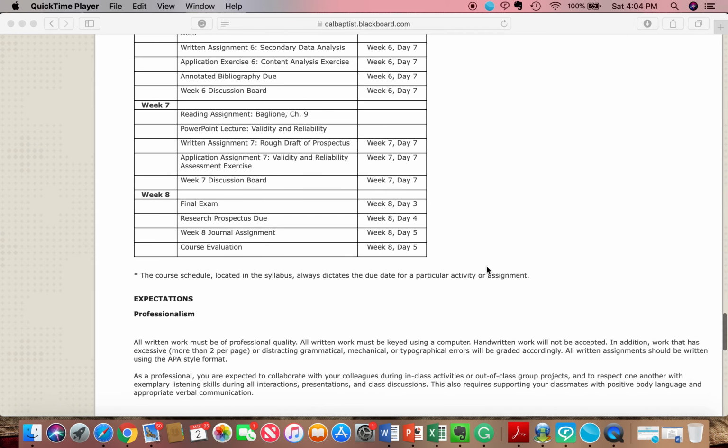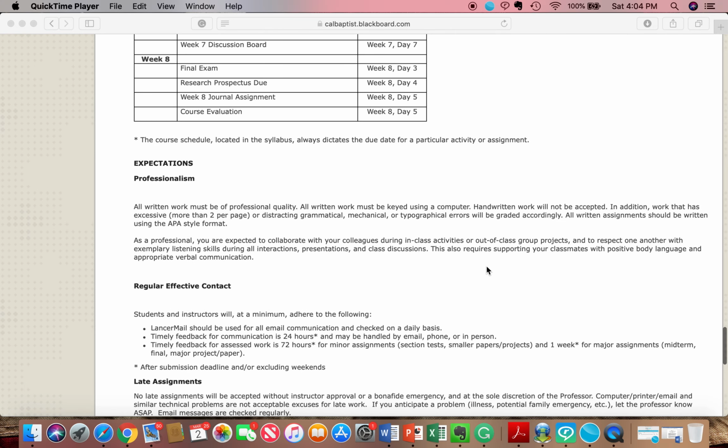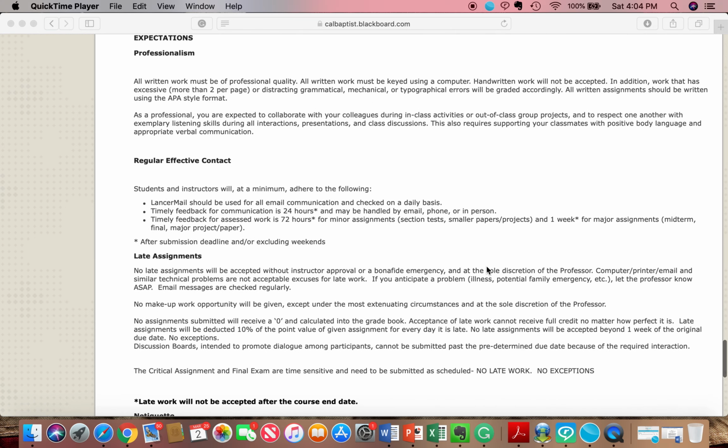We then have some expectations on professionalism, regular effective contact. I'll take a few moments to go through this with you. When it comes to communications, Lancer Mail should be used for all email communications, and I'll check it on a daily basis. Timely feedback for communications is 24 hours.